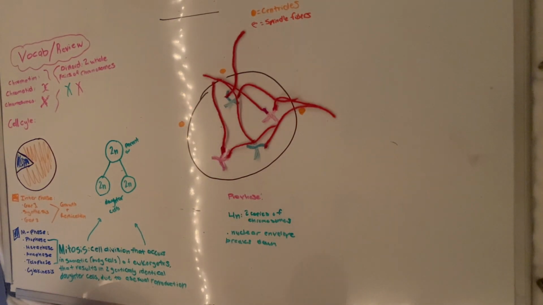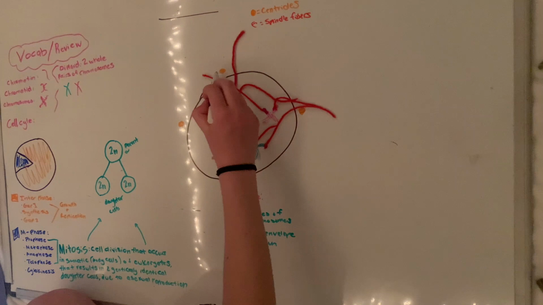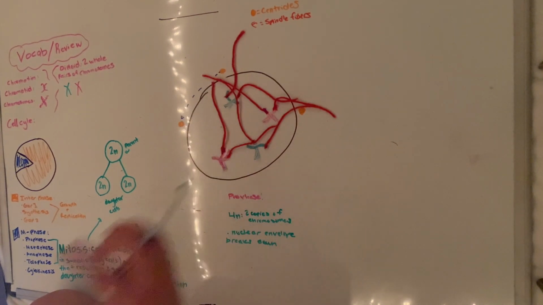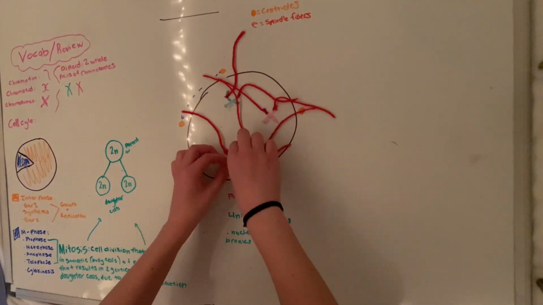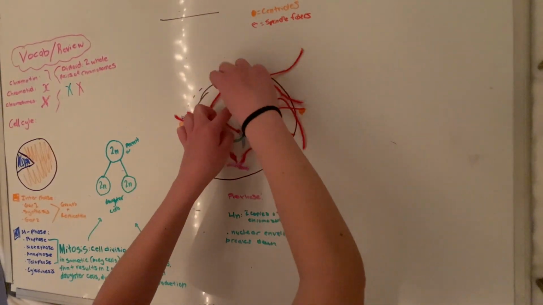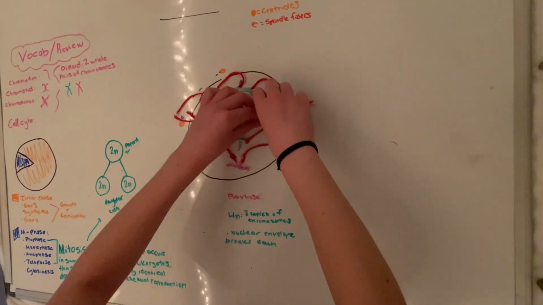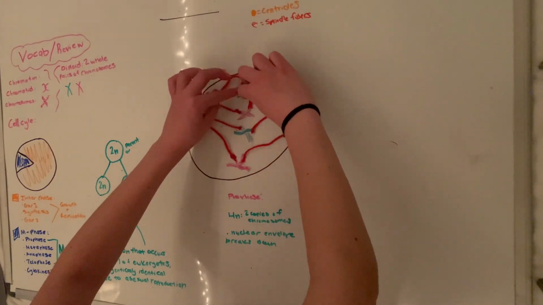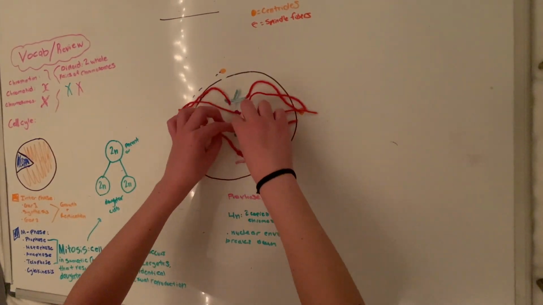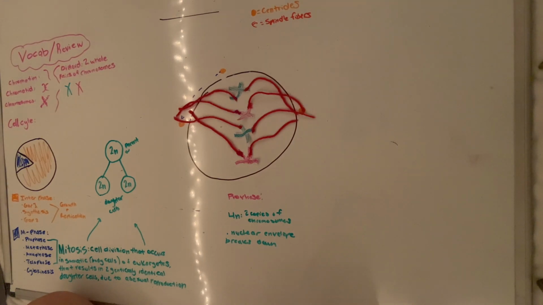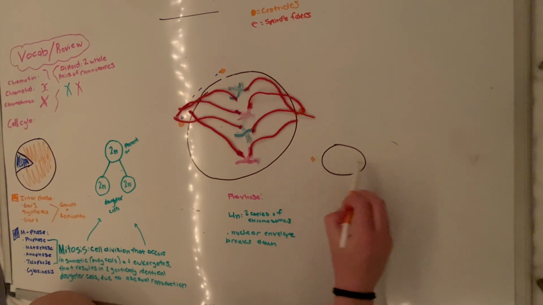So after that, we have our next phase, which is metaphase. So those centrioles move so that they're on opposite sides of the cell, which are also called opposite poles. And as these centrioles move, because their spindle fibers are attached to the centrioles, spindle fibers also move, which results in our chromosomes being laid straight down the middle.